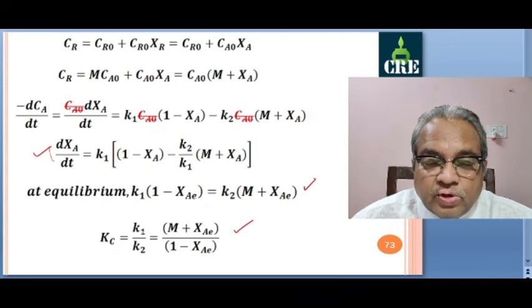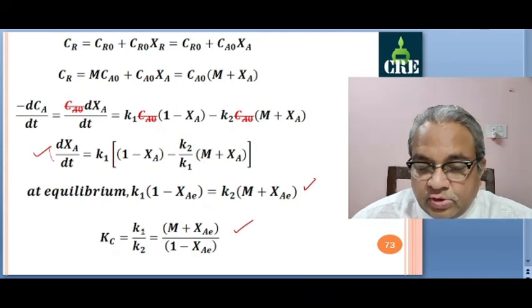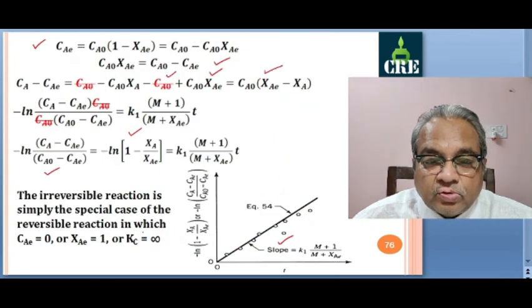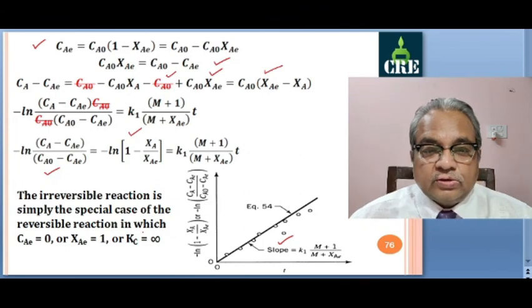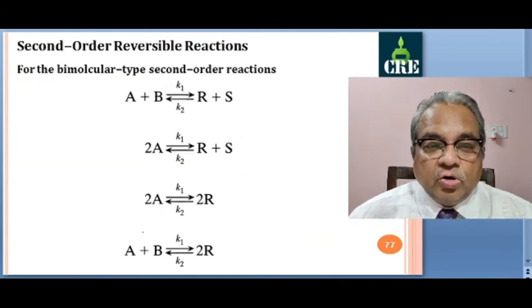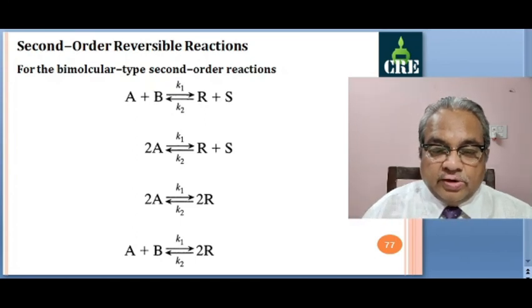When you substitute the numerical values of K1 and K2, that becomes your rate law. We'll see problems based on this also. So today we will stop here, and in our next lecture we'll continue with second order reversible reactions.